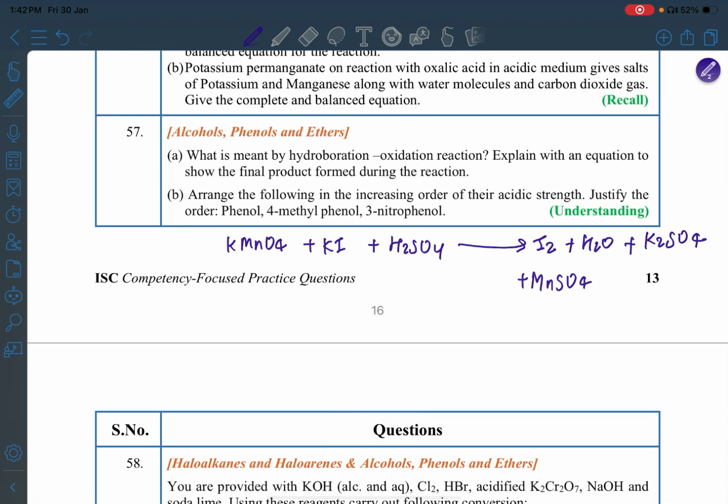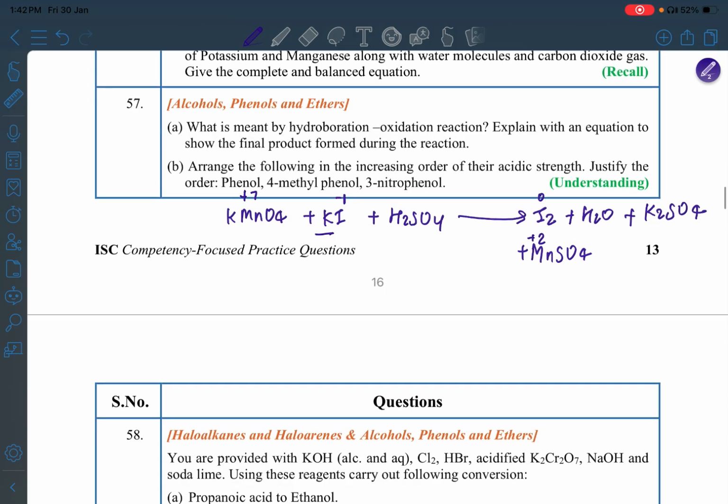So the oxidation state change of iodine is -1 to 0, and the reduction change is +7 to +2. So we have to multiply by 5 on one side and 1 on the other side.